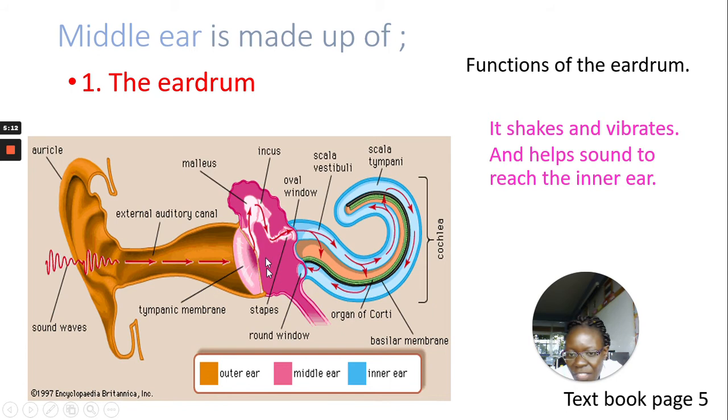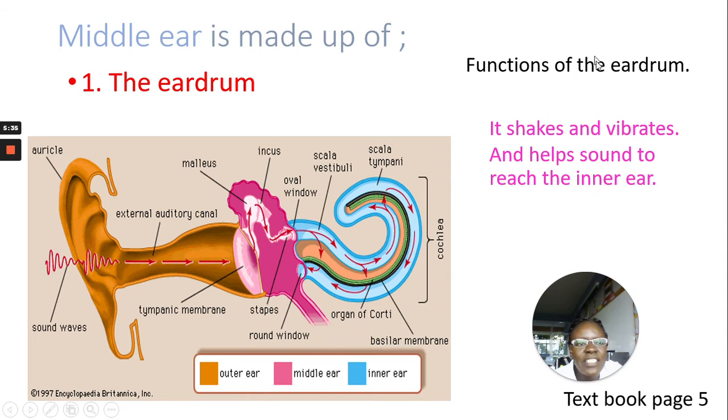Okay, here we have the eardrum. So remember, the outer ear is made up of the pinna and the ear canal. This one collects the sound, then the sound is sent through our ear canal to our eardrum. So this is the eardrum, and it's found in the middle ear.